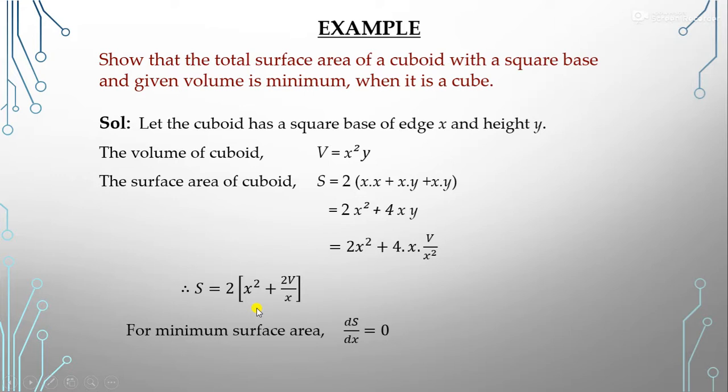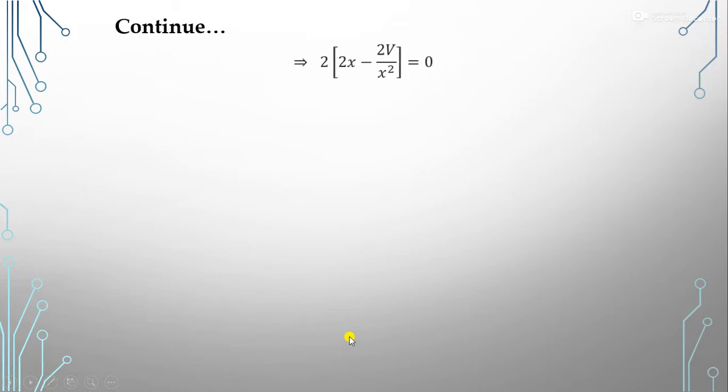Now to find the minimum surface area, we first take the derivative of S with respect to x and put it equal to 0. The derivative is 2 times 2x minus 2V upon x square, and we put it equal to 0. When we solve it, we get x cube minus V is equal to 0.